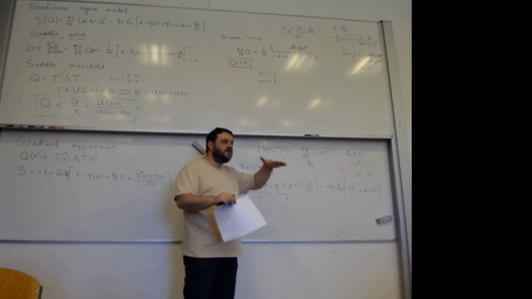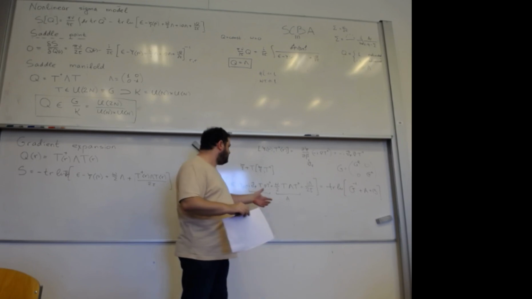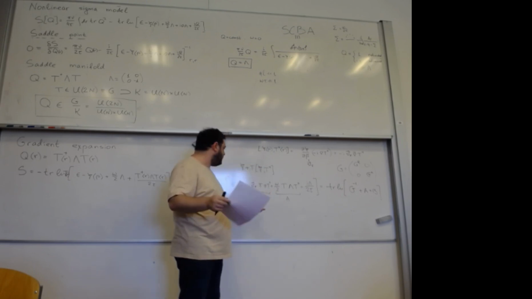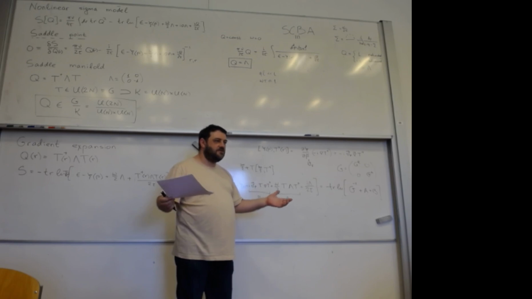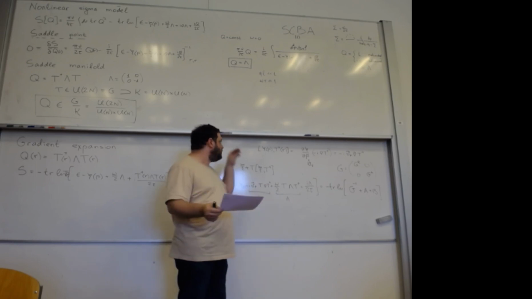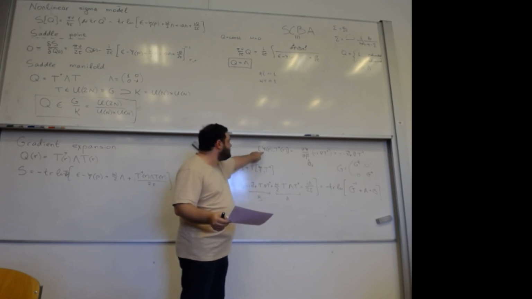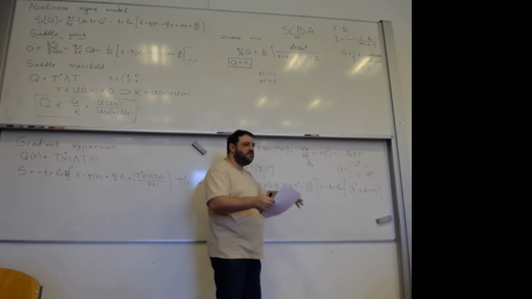This is correct only near the Fermi surface, just because I know that our diagrams or momentum integrals are always, in the end, limited to the vicinity of the Fermi surface. So if I'm close to the Fermi surface, I can just expand this function psi in powers of p near the Fermi surface.